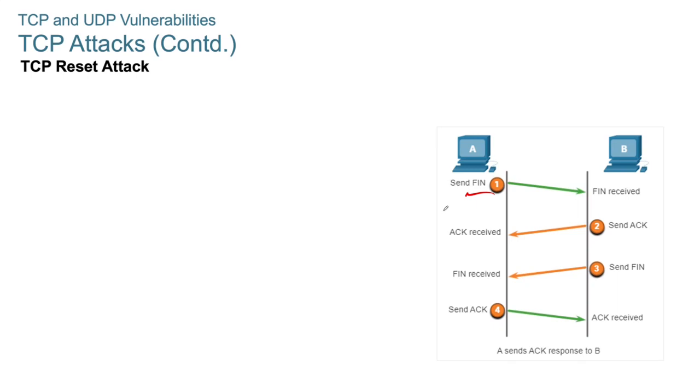A TCP connection also terminates when it receives a reset bit. This is an abrupt way to tear down the TCP connection and inform the receiving host to immediately stop using it. A threat actor could do a TCP reset attack and send a spoofed packet containing a TCP reset to one or both endpoints. They think that the legitimate users sent this reset or finish bit, but actually it is done by the attacker.